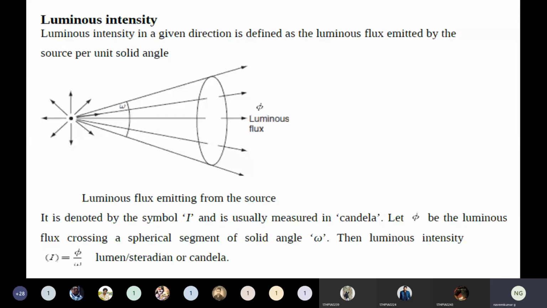If phi is the luminous flux crossing a spherical segment of solid angle omega, then luminous intensity I is given by phi by omega. This is lumen per steradian or candela. Candela is one unit, and lumen per steradian is another, the same thing. You can measure in either of the two units. So this is about luminous intensity.